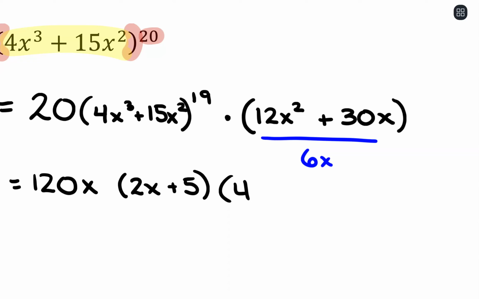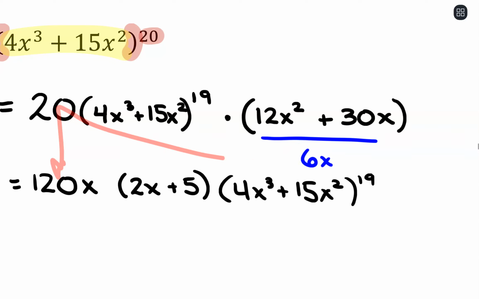And then I'm just going to keep that 4x cubed plus 15x squared to the 19th power. I just simplified it a little bit, getting a common factor out there. So when you factor out something from inside parentheses and you have something already outside of all of the parentheses, they get combined with multiplication. So that's how those ended up going together. And then you just kind of divide out of that factor.